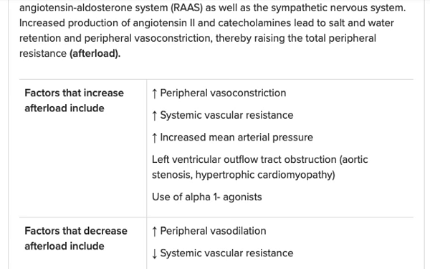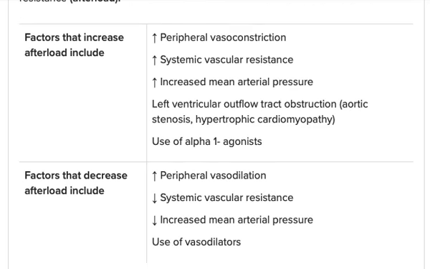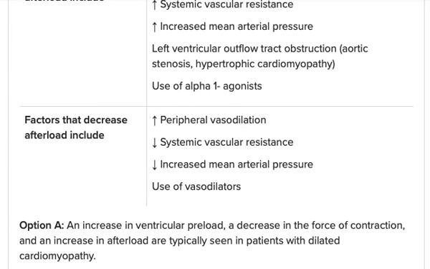Factors that increase afterload include peripheral vasoconstriction, increased systemic vascular resistance, increased mean arterial pressure, left ventricular outflow tract obstruction, aortic stenosis, hypertrophic cardiomyopathy, and use of alpha-1 antagonists.